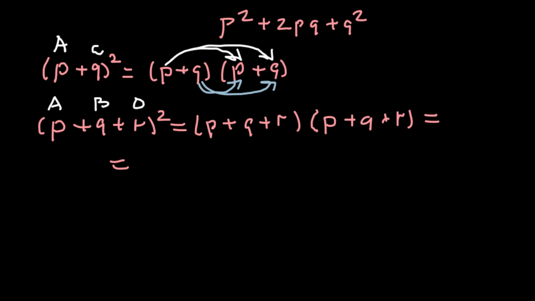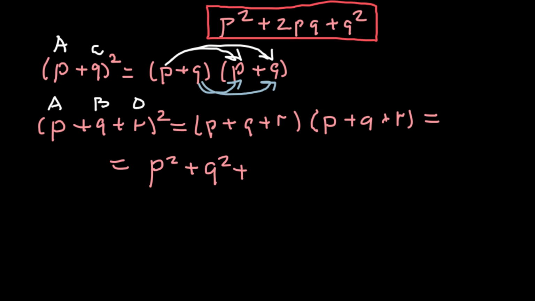So let me clear some space here. Here on the top is the Hardy-Weinberg formula that you are used to, but the formula that we are going to use today would be P squared plus Q squared plus R squared plus 2PQ plus 2PR plus 2QR.